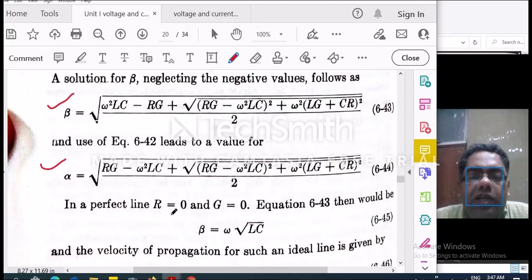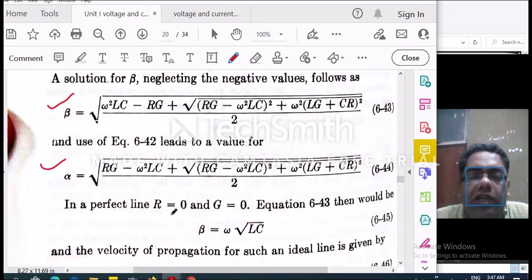And if I equate the imaginary part, which is 2 alpha beta, this is equal to omega into lg plus cr, and it has been squared. So we get this.